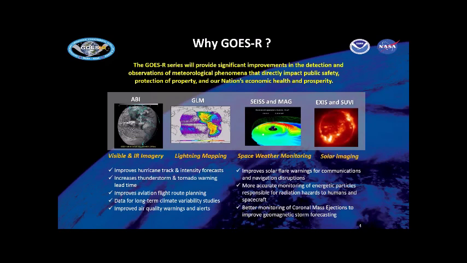So why GOES-R? You can read that, but look at the checkpoints at the bottom. It's improving and increasing, simply put. The clouds are not the only thing it's looking at. It will have the GLM, which is a Global Lightning Mapper. Right now, one of the only lightning networks is through WeatherBug, which is all ground-based. This is the first instrument that will be space-borne that can see lightning.